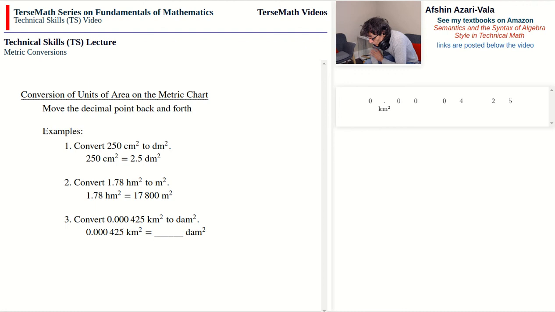Now, in order to go from square kilometer to square decameter, we have to go to the right 2 places. First, from square kilometer to square hectometer. Decimal point moves forward over 2 digits. And then we go from square hectometer to square decameter. And then again the decimal point moves forward over 2 digits. We end up with 4.25 square decameters.